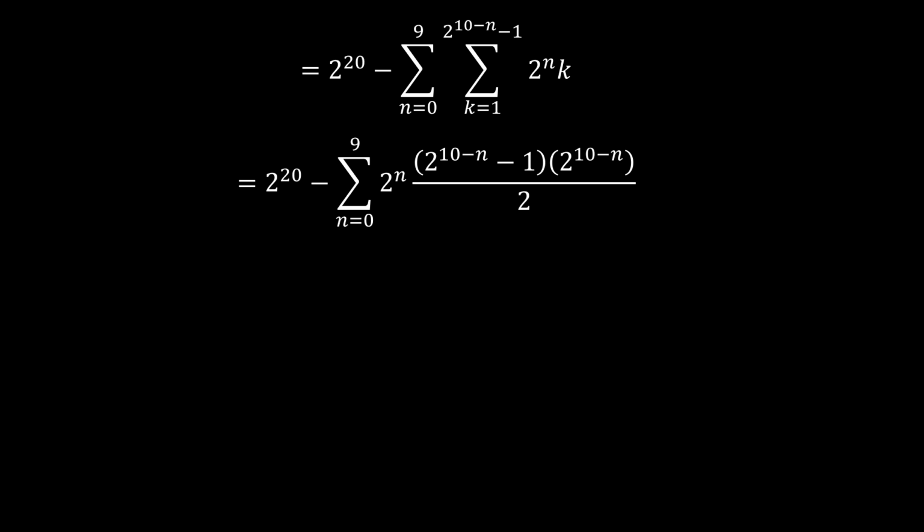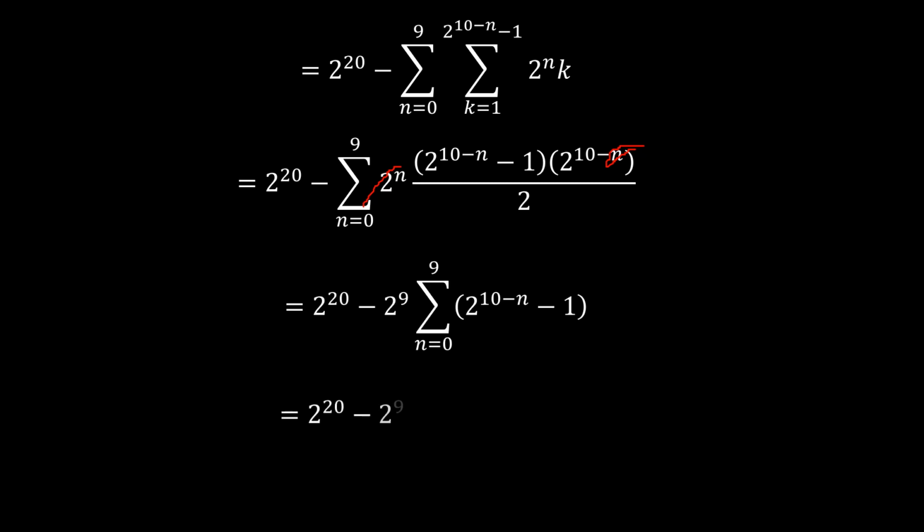Now we can quickly see that this 2 to the power n can cancel with this n because this is the denominator, and then one of the 2s here can cancel with this 2 in the denominator, so we can quickly pull 2 to the power 9 out, remaining from dividing 2 to the power 10 with 2, and then we're left with 2 to the power 10 minus n minus 1.